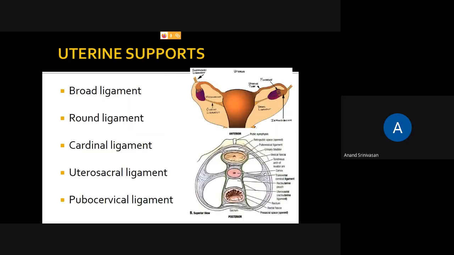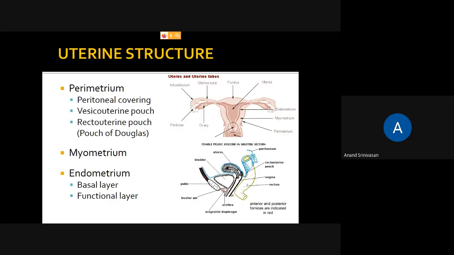Now in the uterus, you can see that the uterus is here. This is the urinary bladder, this is the uterus, and this is the rectum. Now what happens if females lift heavy weights, or when pregnancy is there?